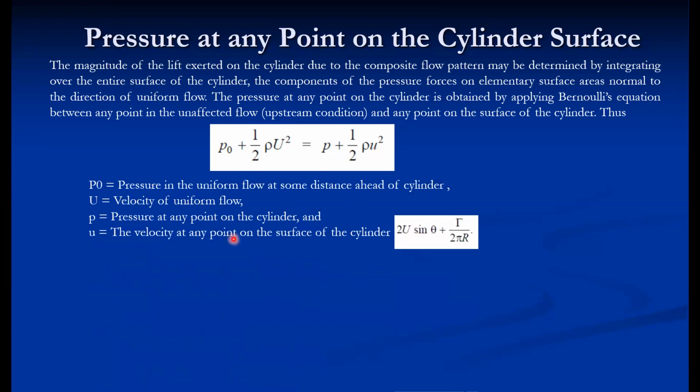According to the formula, u is nothing but 2U sin theta plus circulation divided by 2 pi r. This is the formula for u. I will not go into the depth of the derivation of u, that is the velocity of flow, which is a function of the mainstream velocity as well as the circulation, and 2 pi r.